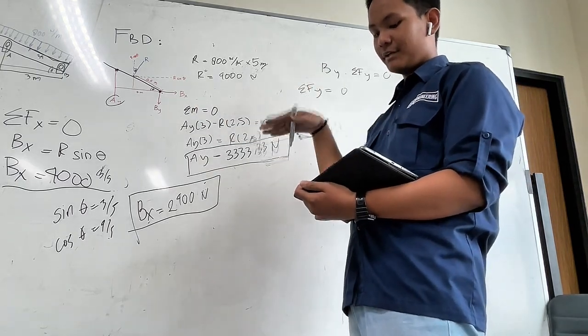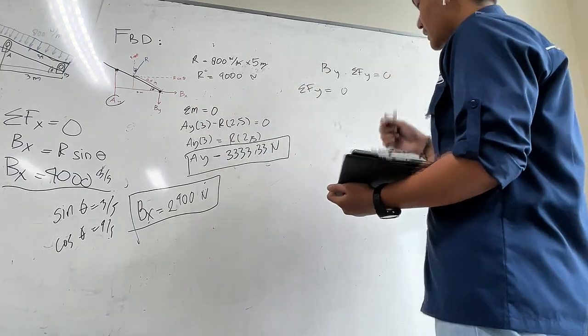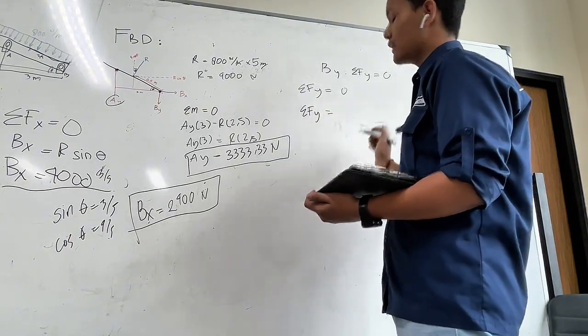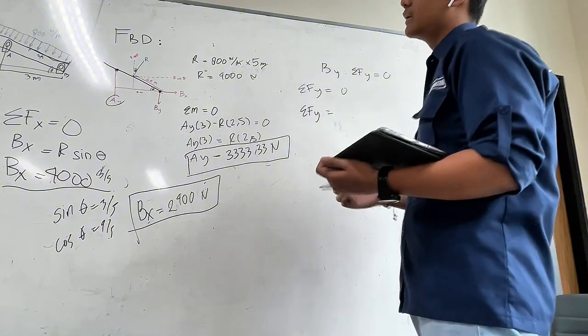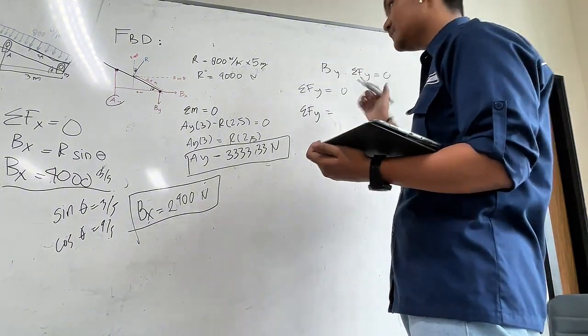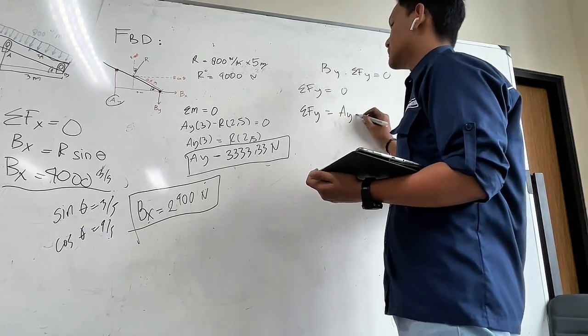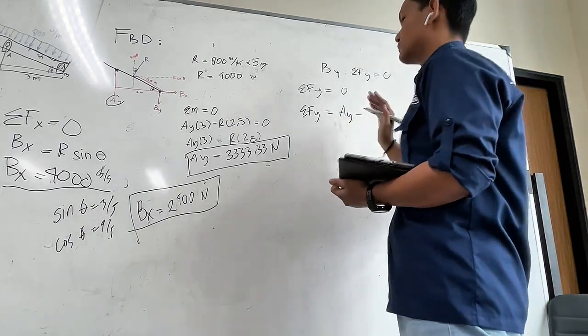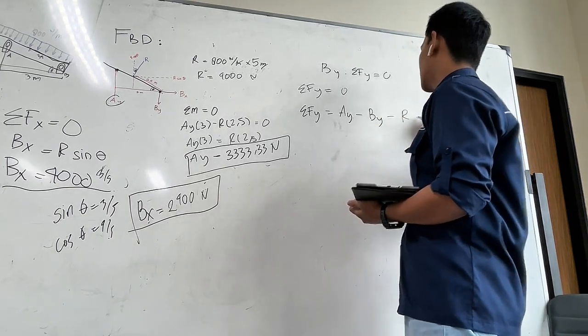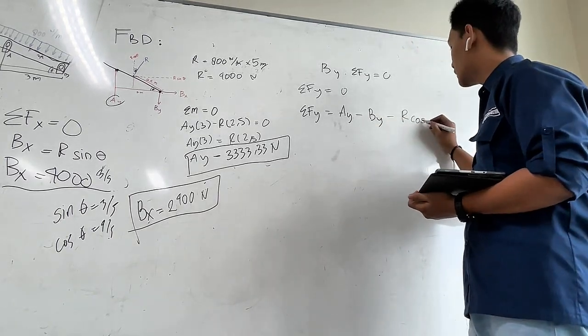Let's say the upper part is positive, so the sum of forces on the y-axis is Ay subtracted by By, subtracted by R cosinus of theta.